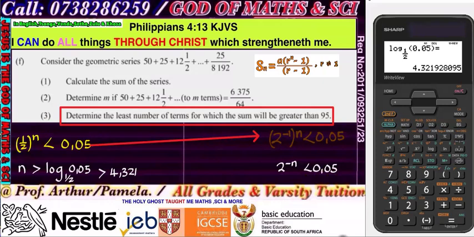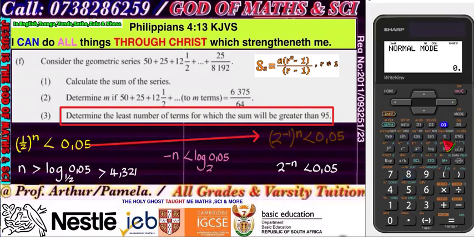So let's write that in big, which means you take the exponent, which is -n, and say it is less than the logarithm base 2 of 0.05. You see, it will be like that. So let's go and work with that.